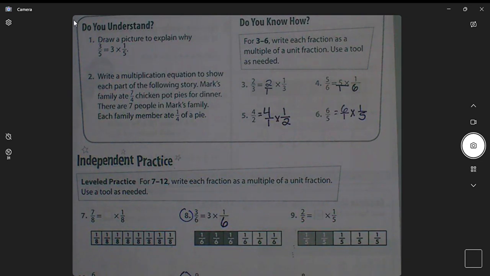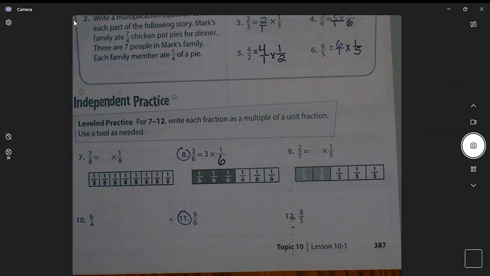Now, let's look at number 9, or number 11. 9/6 is the same as saying what multiplication statement? Look at your clue first. What is your whole number? Look at your numerator. Find your whole number.